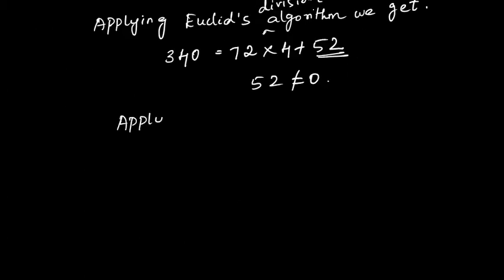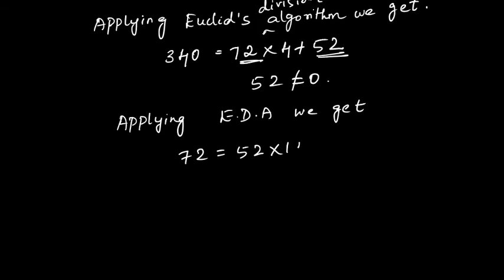So applying Euclid's division algorithm, we get, write 72 in terms of 52. So 52 maximum you can have 1 time, then you get a remainder 20. Here the remainder value is not equal to 0, so apply the Euclid's division algorithm again.